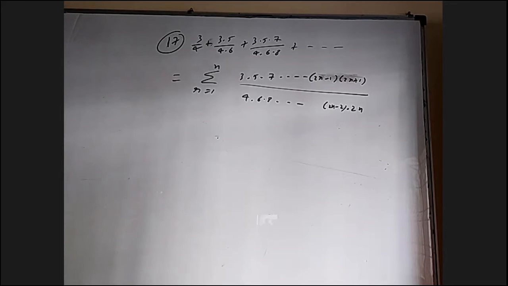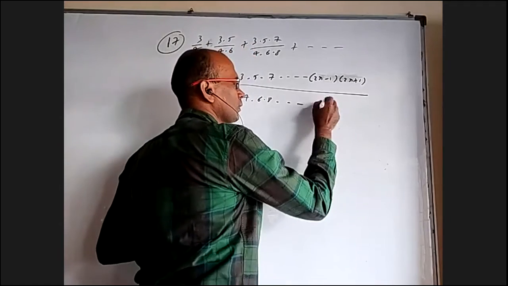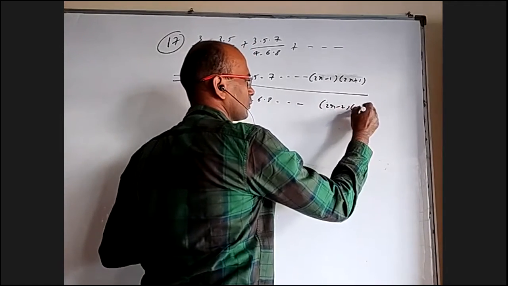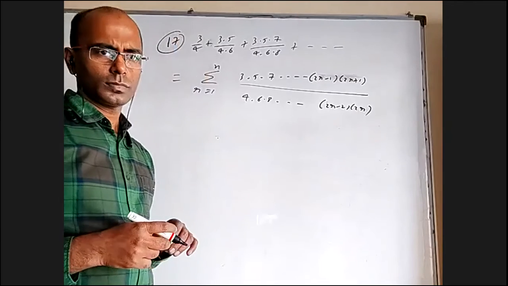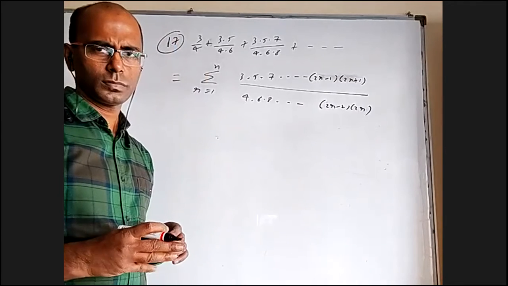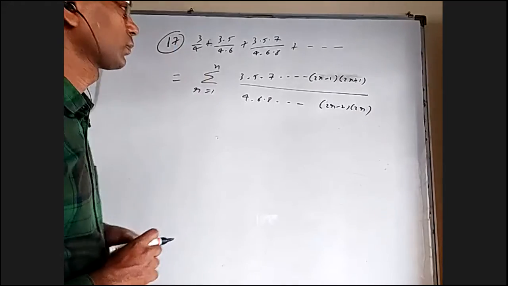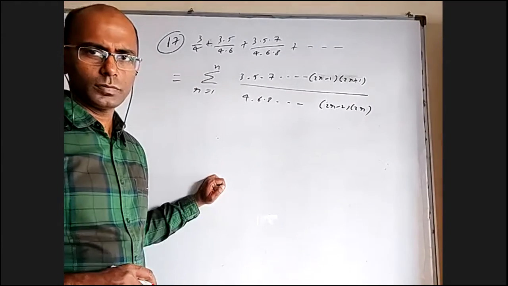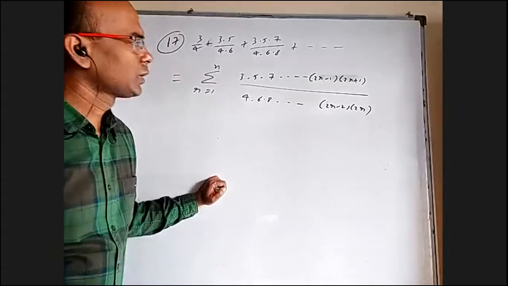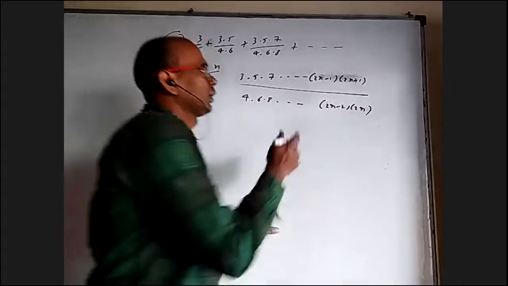This we can write as 3 into 5 into 7 and so on up to 2r minus 1 into 2r plus 1, whole, into 2r plus 3 minus 2r plus 3 minus 1. Then that r will be left. We have to divide it, sir. Okay.